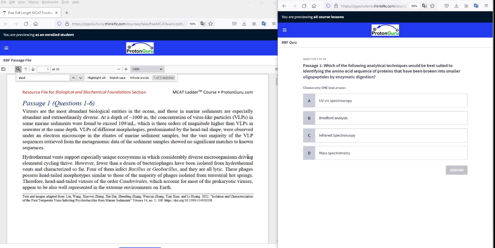Now if we think back, what is infrared spectroscopy good for? Well, infrared spectroscopy we know has the fingerprint region versus the functional group region, and it's most useful just for identifying the functional groups present in a sample. Now, all these different oligopeptides are likely to have pretty much the same functional groups present. They'll all have amides, for example.